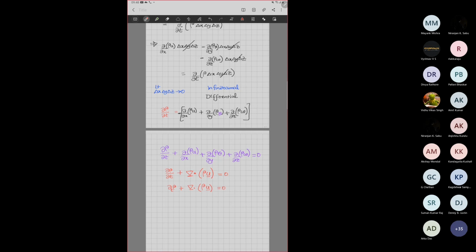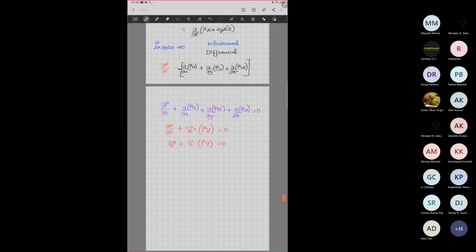Maybe if I would like to write it in terms of my initial notation, it will be del rho by del t plus del of rho u_i by del x_i is equal to 0, where it can be any component, something like i.